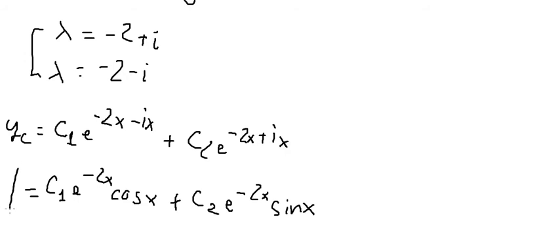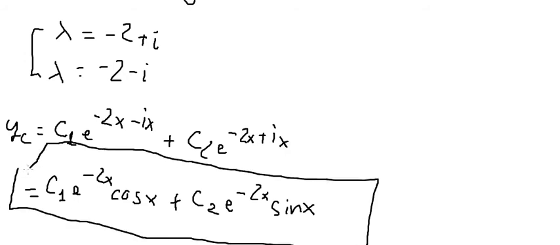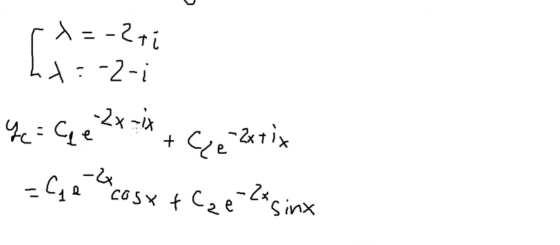And this is the technique to find the complementary solution. Because we have negative i, that's why you get 1s.